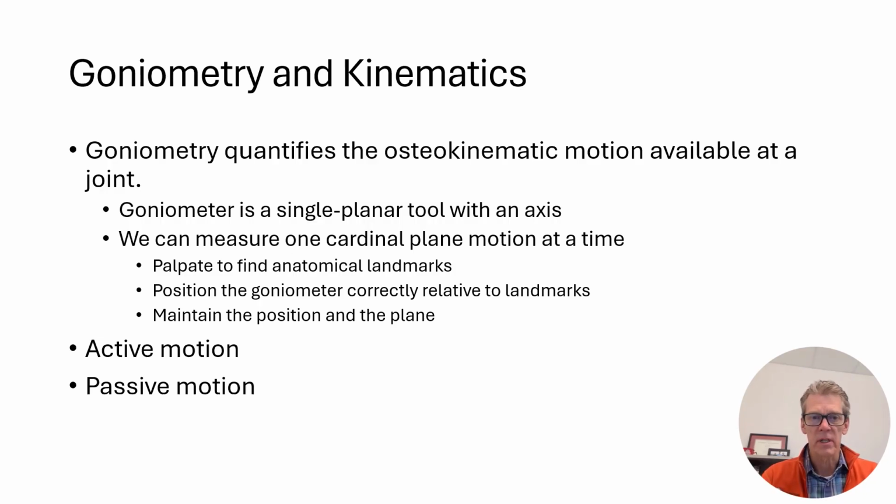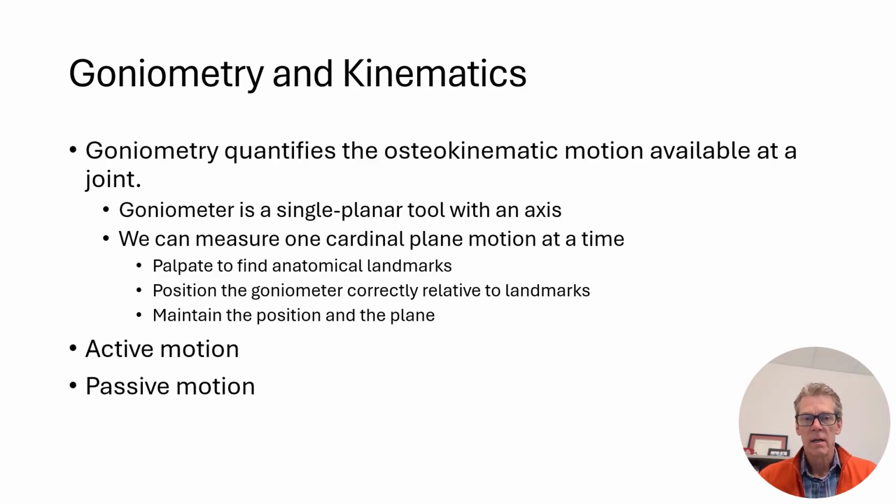So when we measure somebody's range of motion with a tool called a goniometer, we're quantifying their osteokinematic motion. How much movement is there available at this joint? So in this class, we're going to determine the amount of humero-ulnar flexion and extension that somebody has, or glenohumeral elevation, abduction, and adduction. I'm going to try to use the right terms.